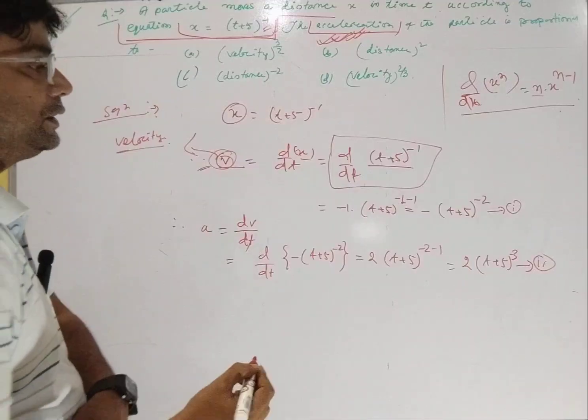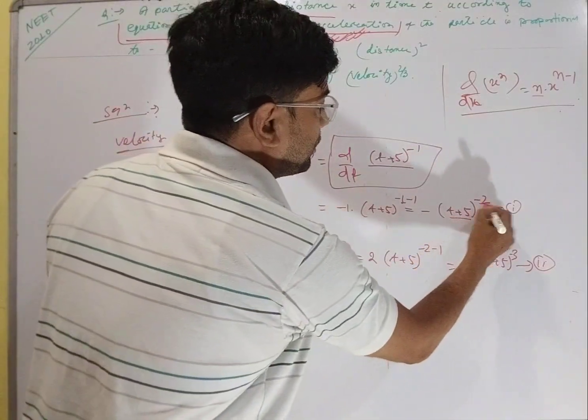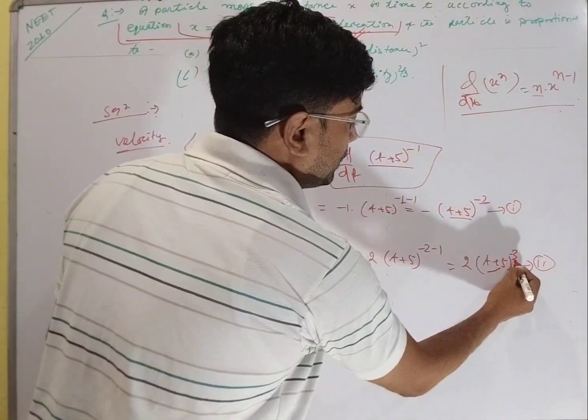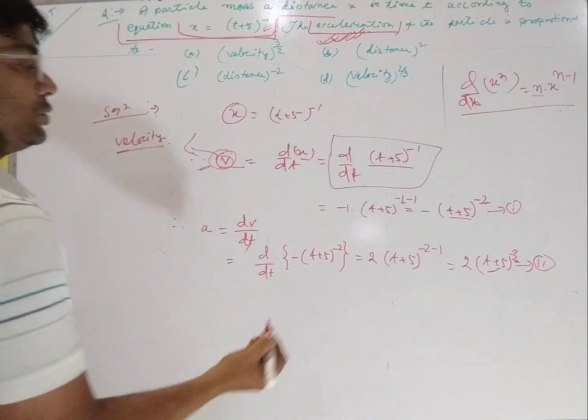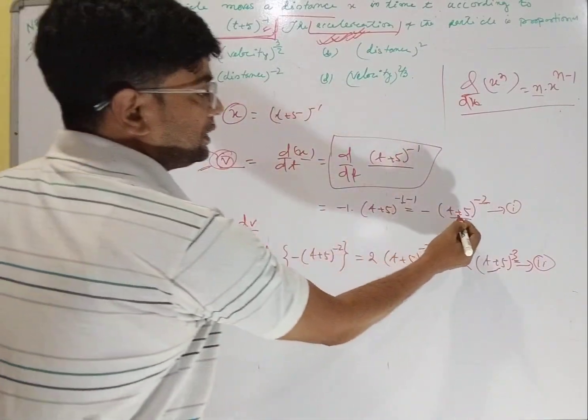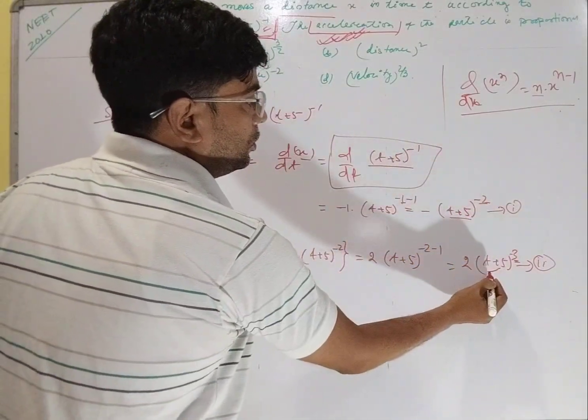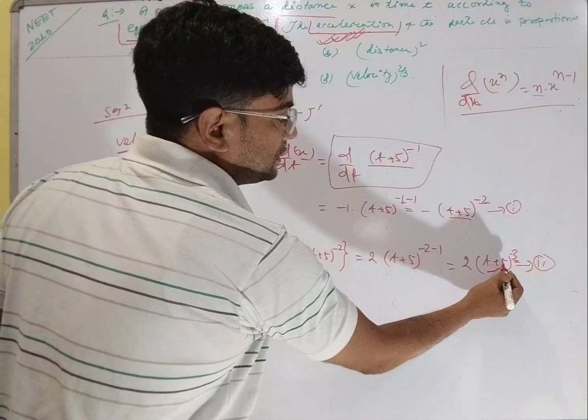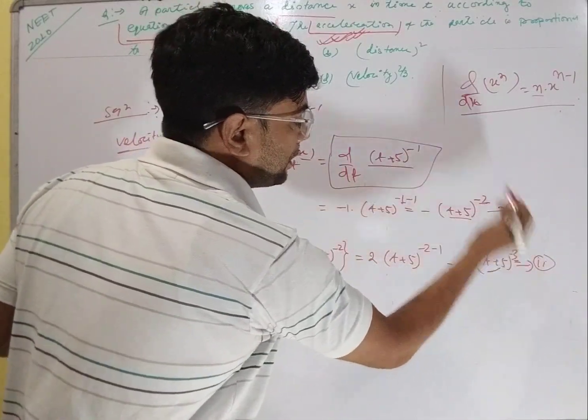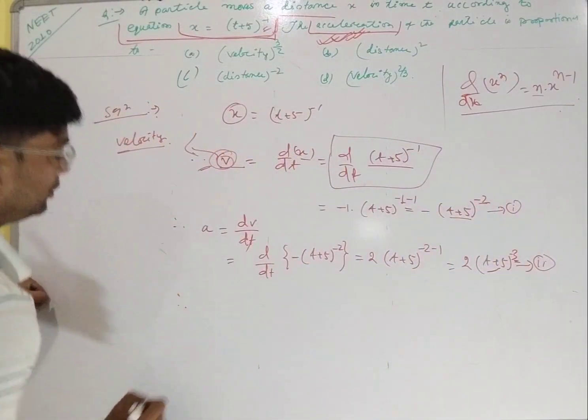The difference is that here we have (t + 5) to the power minus 2 and there (t + 5) to the power minus 3. So I will try to convert (t + 5) to the power minus 2 to the power minus 3.